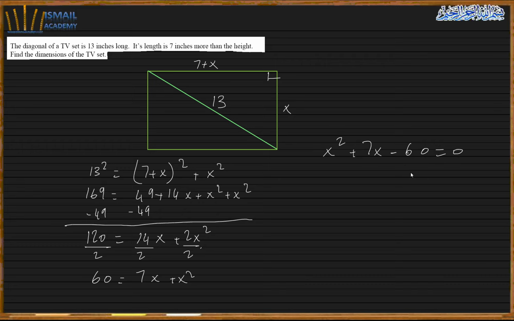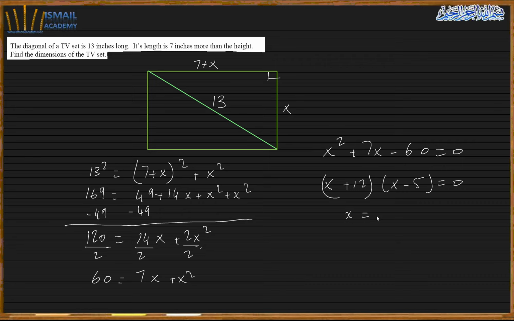So I need to find two values. If I multiply them together, it's going to give me 60, but if I subtract them, they're going to give me 7, because here it's negative. That means one is positive, one is negative, but the biggest is positive. So here it's straightforward, it's 5 and 12, so it's going to be x plus 12 and x minus 5 equals 0.